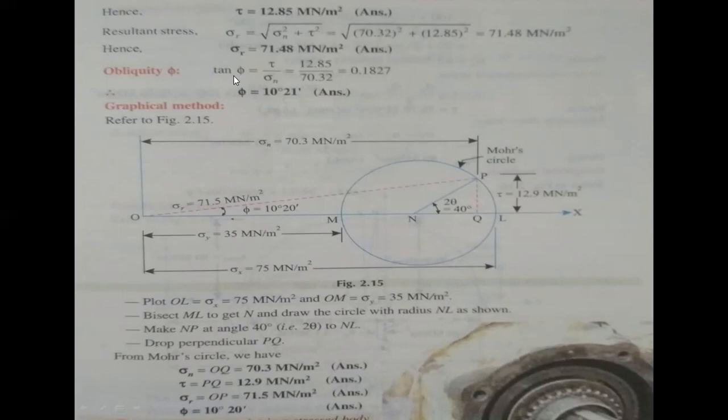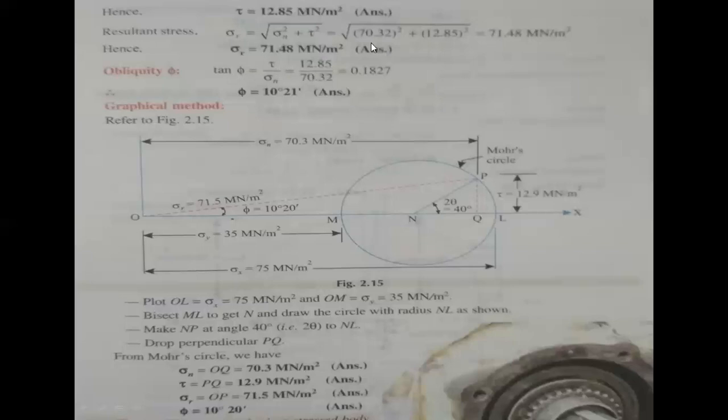Answer. Then obliquity, tan phi, because we have to find the obliquity of the plane along which the stresses are working. This is tau by sigma n. In our formula we have seen that tangential stress divided by normal stress gives us the tangent of the angle.